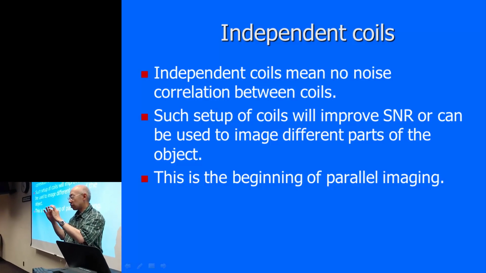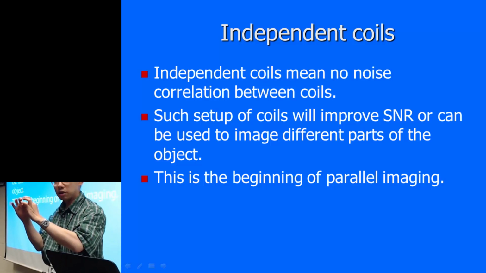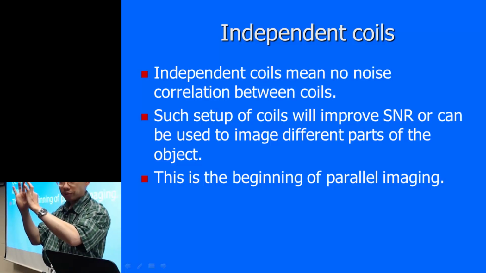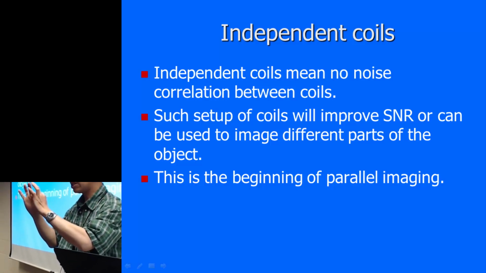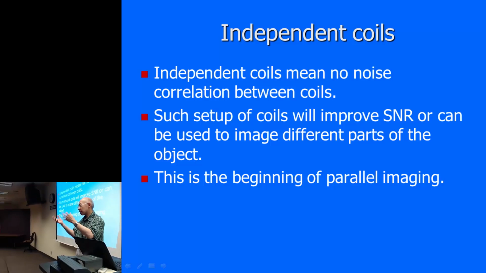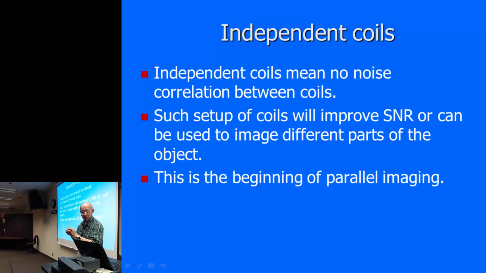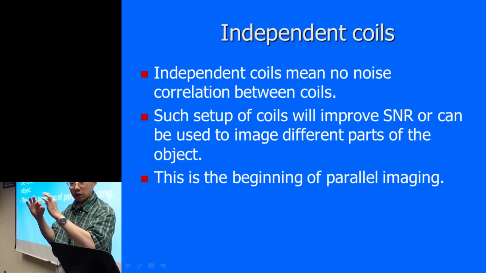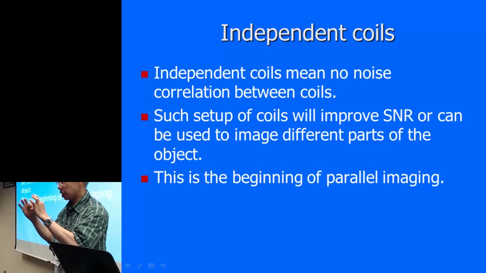In engineering or physics terms, we try to minimize the mutual inductance between these two coils. If you can do that, these two coils are called independent coils. That's the definition in this chapter. Another way to say it is that there is no crosstalk between these two coils, no mutual inductance.